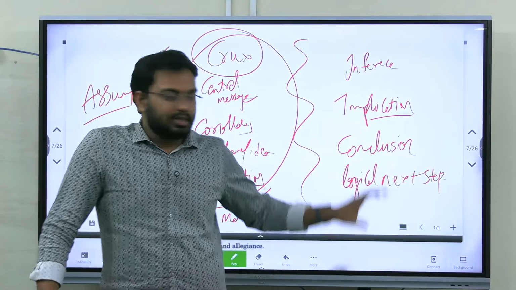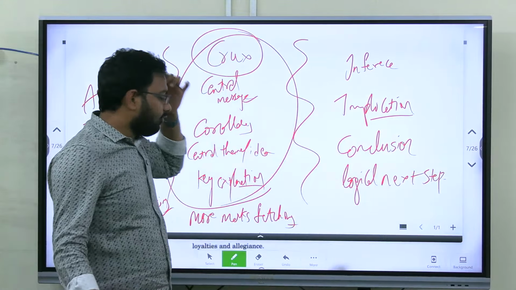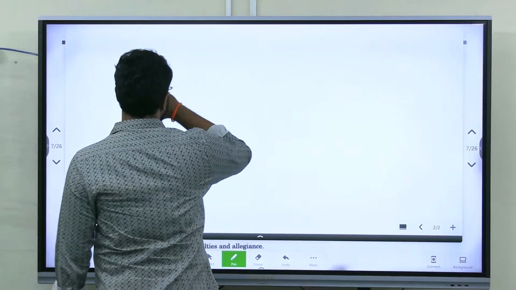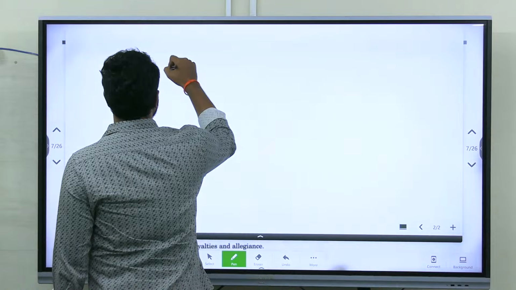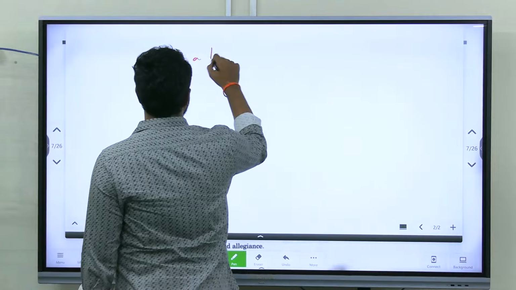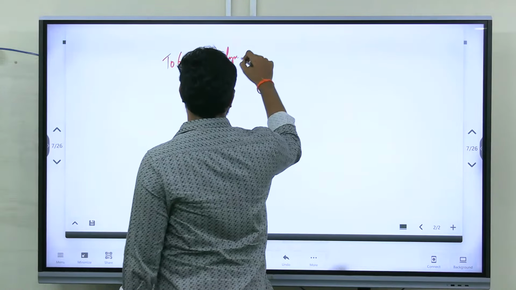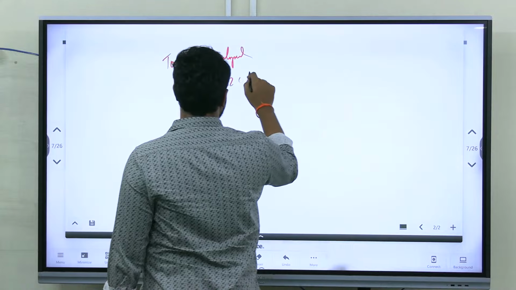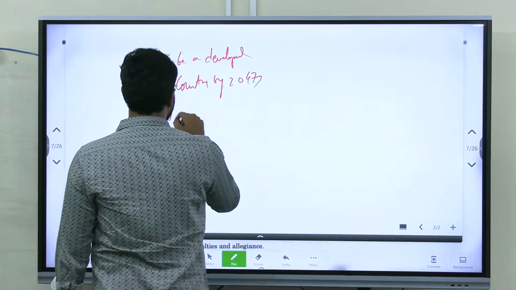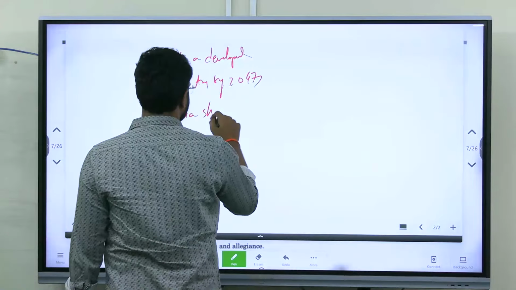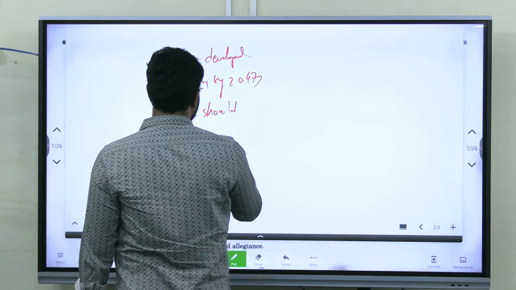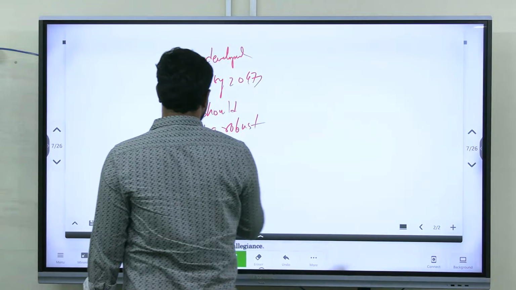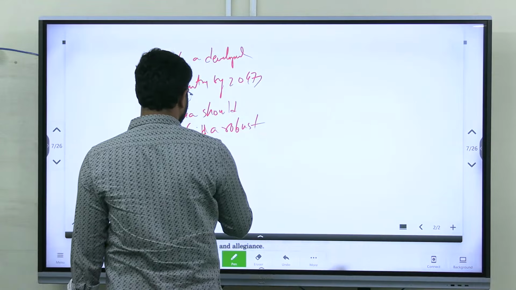So one other way to look at these questions is, for example, there is a passage, let's say: to be a developed country by 2047 India should build a robust public transport system.